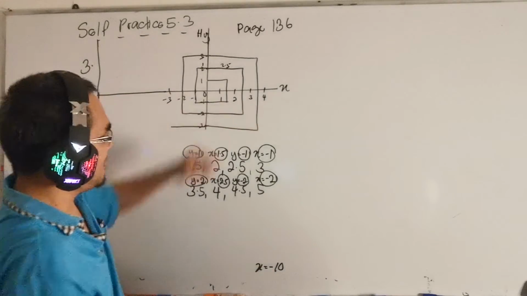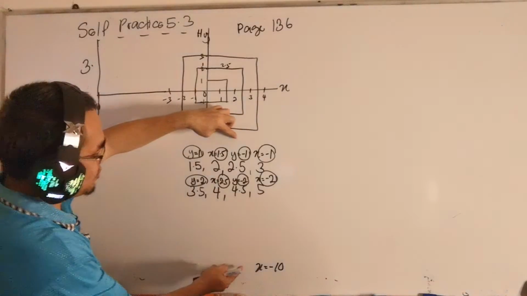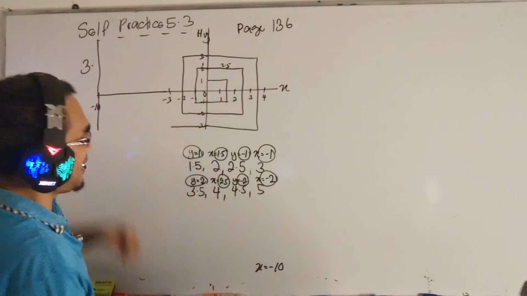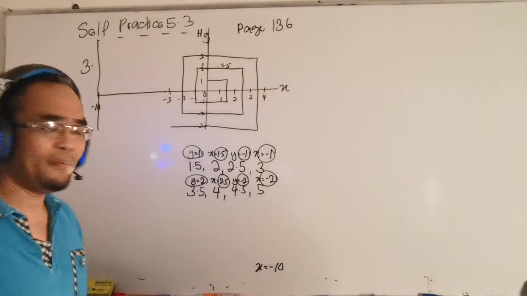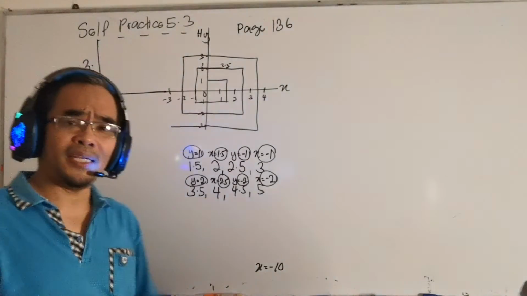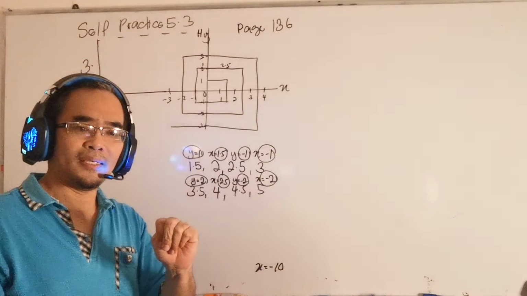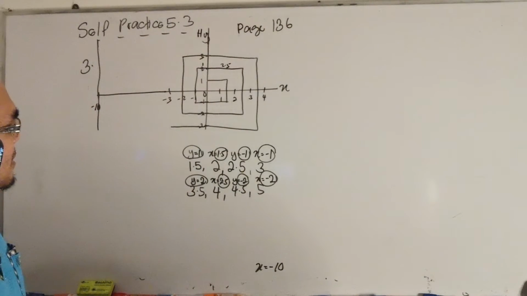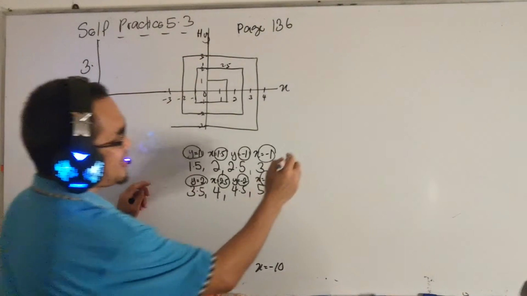So this also has 10 numbers, and this also has 10 numbers. Altogether, there are 40 numbers.